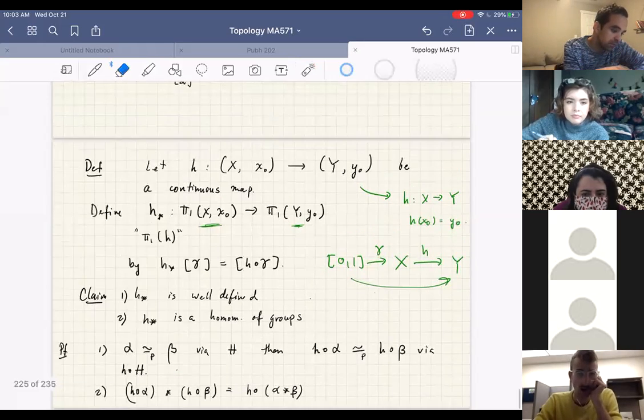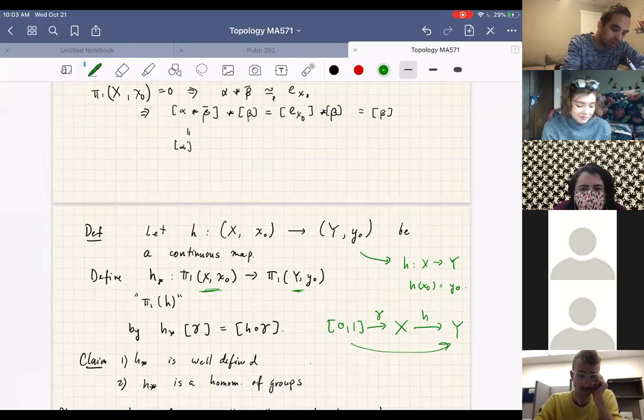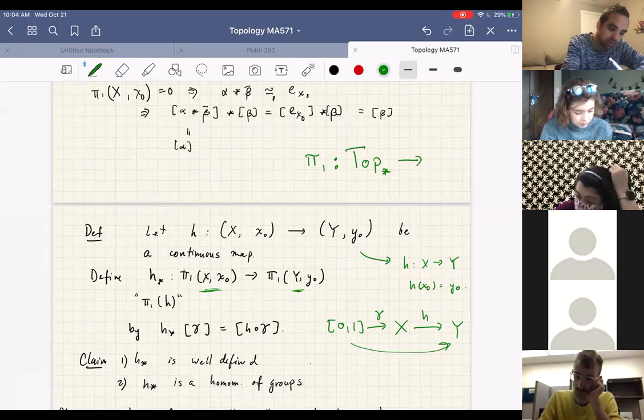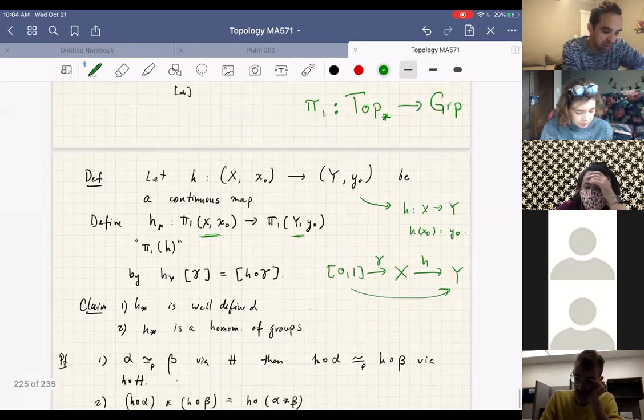Yeah, and if you know about categories and functors, it's okay if you don't. That's fine. But let me say some words. What I just said is saying that pi1 is a functor from the category of pointed spaces, right? Because I've defined pi1 to be pointed. So category of pointed spaces to groups. There's a language that abstracts what's going on here.